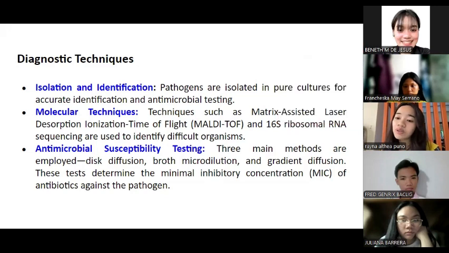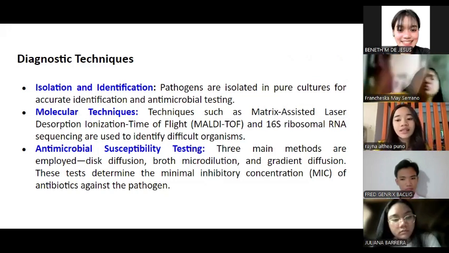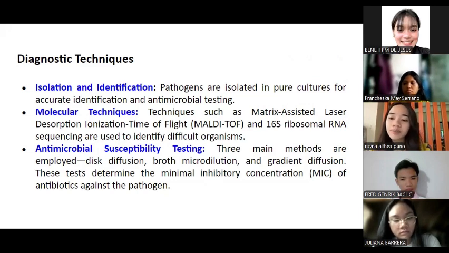It also helps quickly identify the type of bacteria or fungus present in a sample. The 16S RNA sequencing looks at a specific part of the bacterial DNA, allowing for precise identification of bacteria, even those that are difficult to grow in the lab.